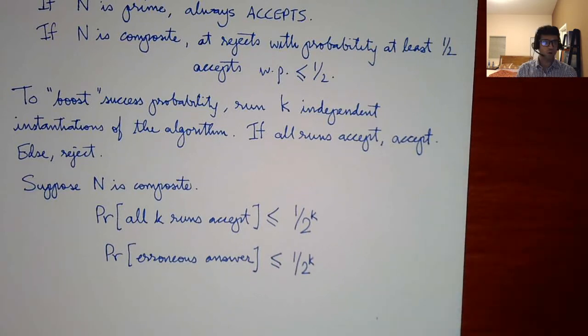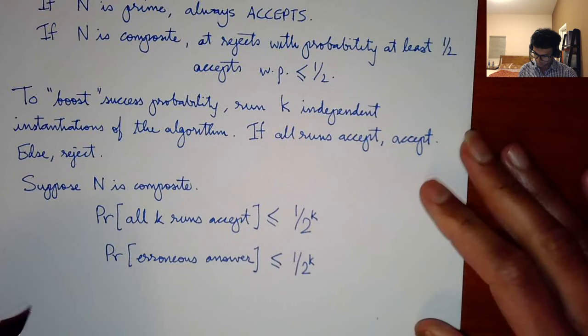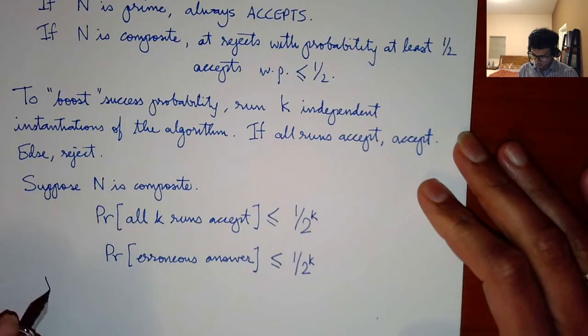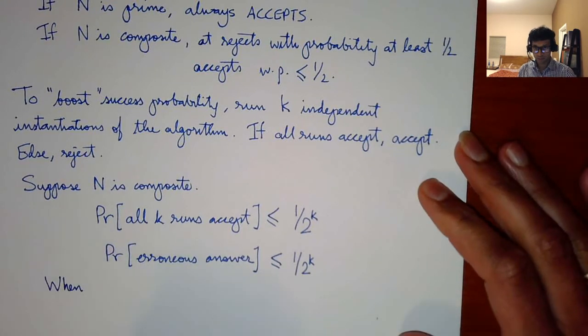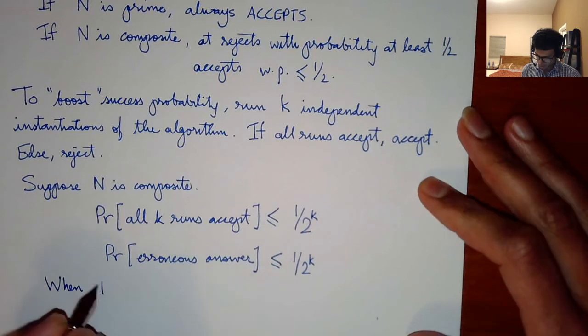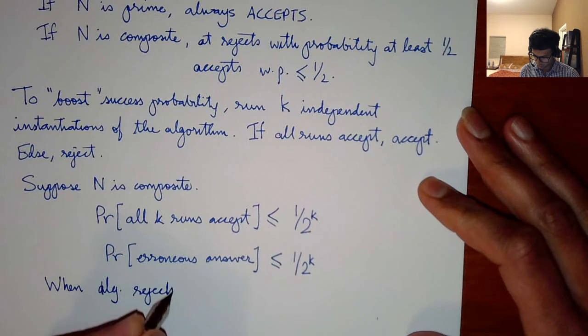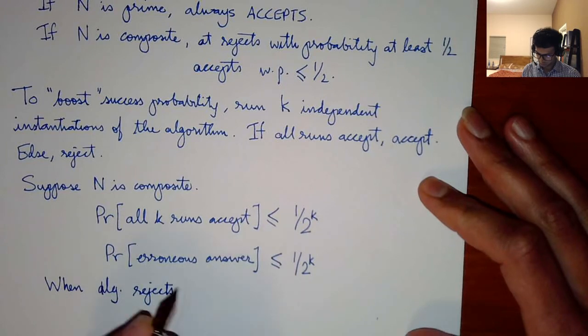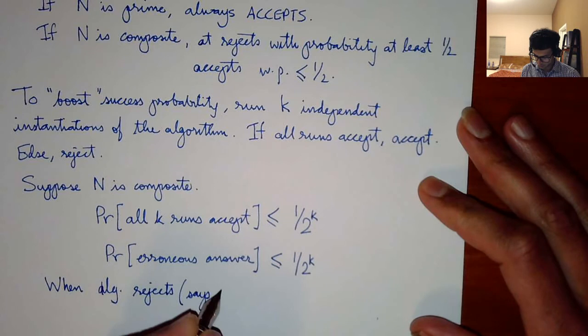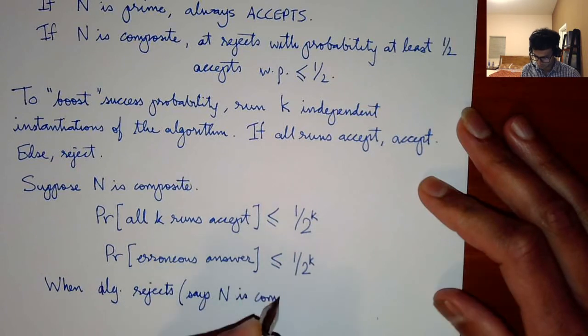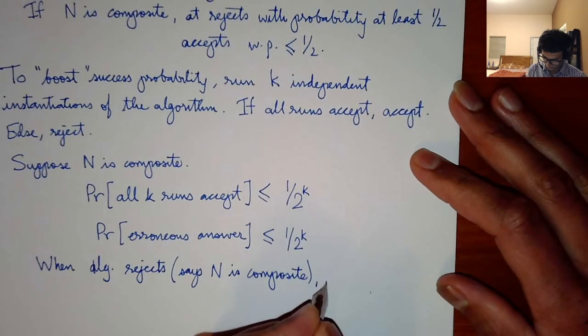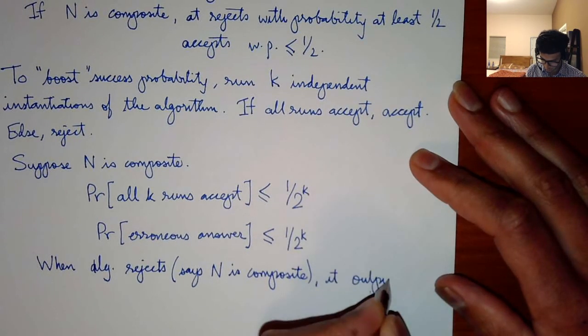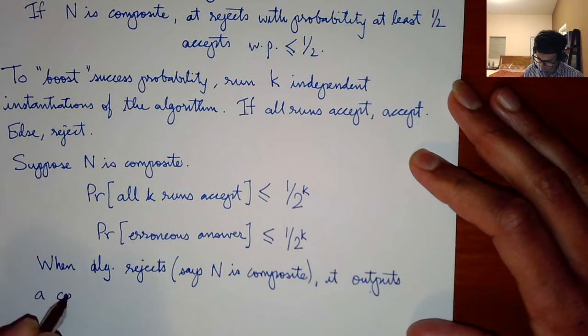There's an additional point that is worth making here. That when the algorithm rejects, says n is composite, it outputs a certificate, right?